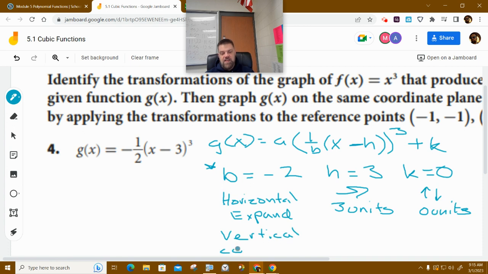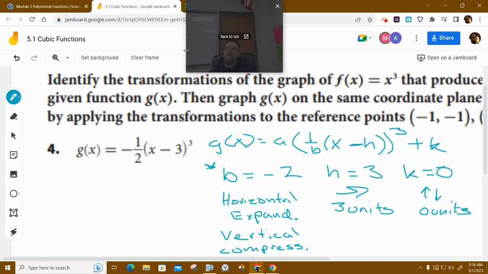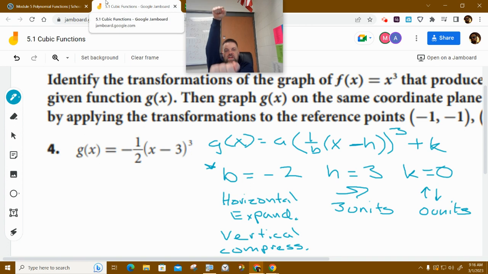And I don't know how I feel about that. It's probably very confusing, but let me explain what that means, right? So if I take something vertically and I compress it this way, what it kind of does is it expands it horizontally, right?